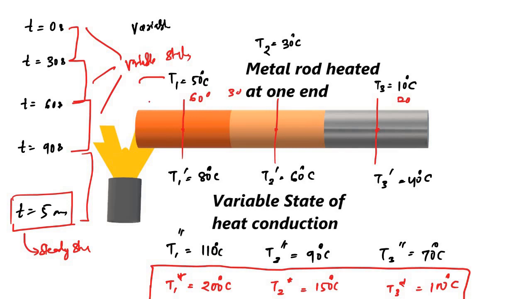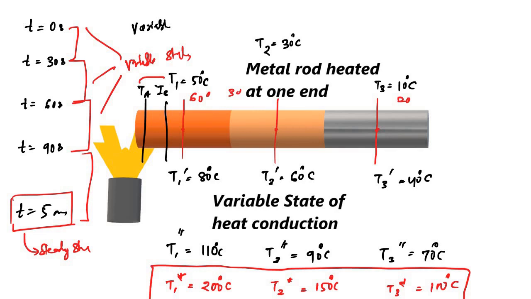But in the steady state, the temperature difference between 3 points or any number of points, here I have taken 3 sections, that's why I'm saying 3 points. But any 2 points, if you take any 2 points, let's say this is TA, this is TB.